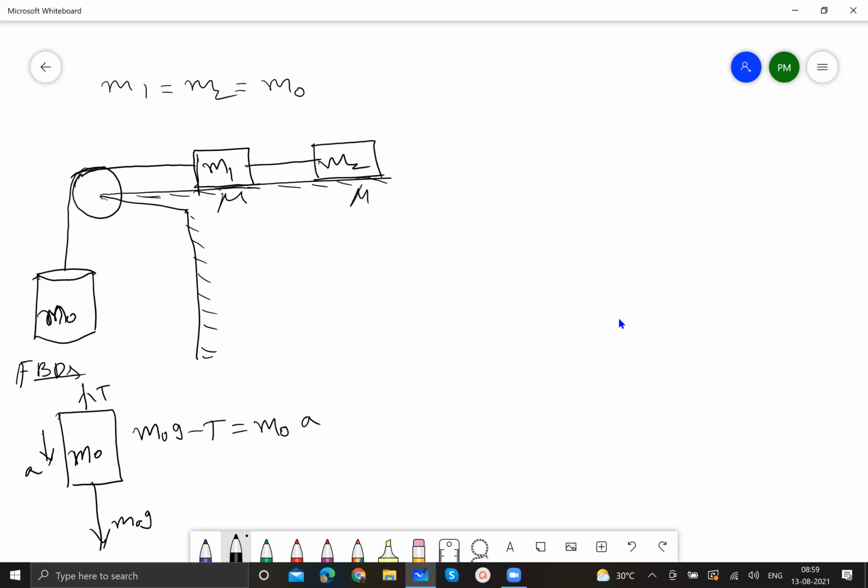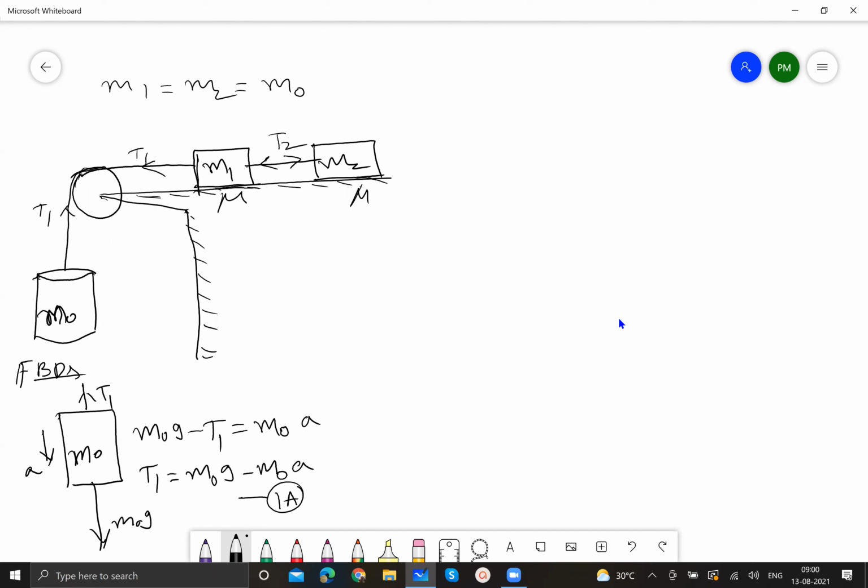From this T1, because two threads are there, I'm showing them, T2, T1. Therefore, T1 will be M0G minus M0A. Call it equation 1A.